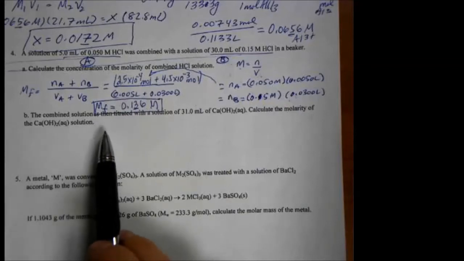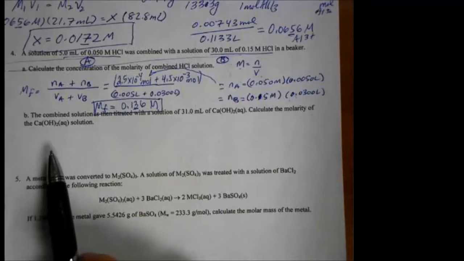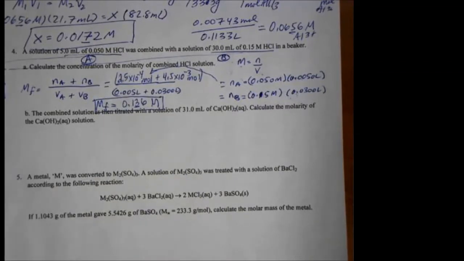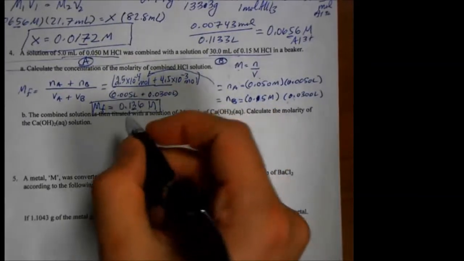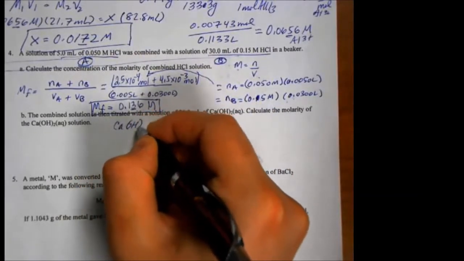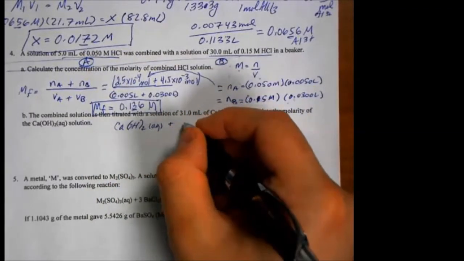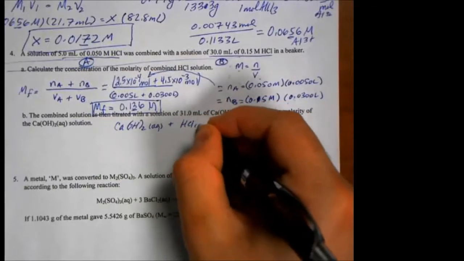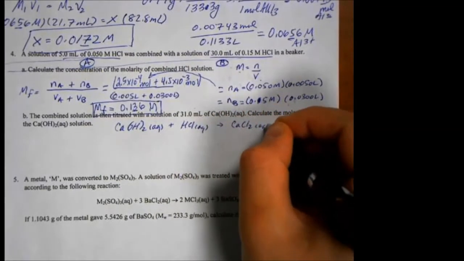So the combined solution is then titrated with a solution of 31 mL of calcium hydroxide. Calculate the molarity of the calcium hydroxide solution. So before you do anything, you're going to have to write the balanced equation. In this case, this is going to be calcium hydroxide, and we're going to add HCl, and we're going to get calcium chloride and water.